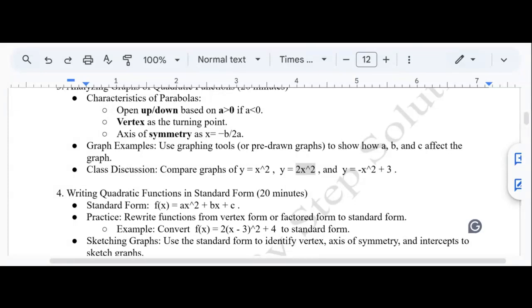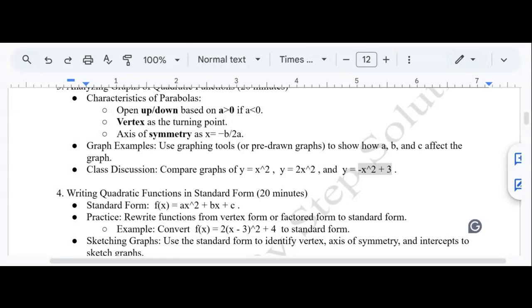Okay, next one. We're going to graph negative x squared plus 3. What do you think will happen? It will go down. So we have a negative; is the negative inside or outside? And see what happens.